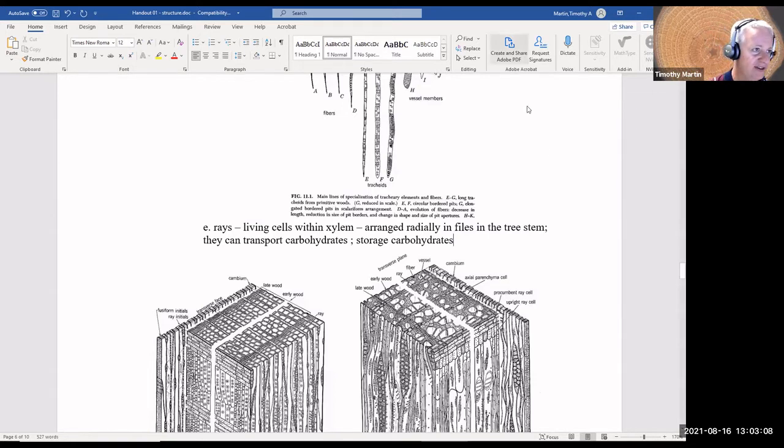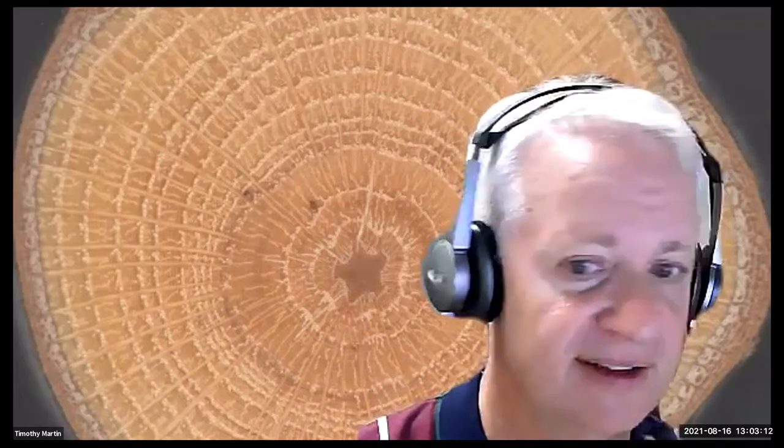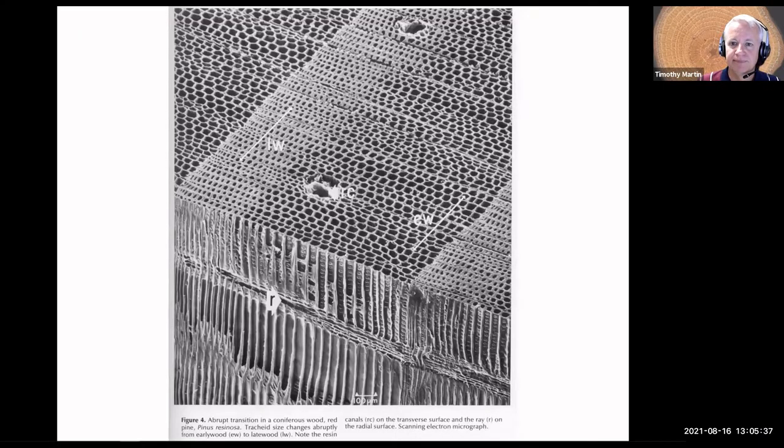So I'll give you some examples, some schematics, and some pictures of stems to show you some of these structures. There are some diagrams of gymnosperm and angiosperm wood in your handouts. I'm going to show some micrographs that also really clearly show some of the structure of xylem. This is gymnosperm xylem.